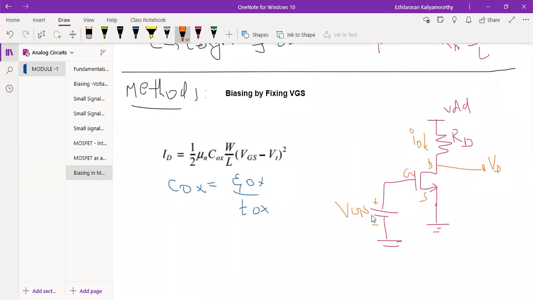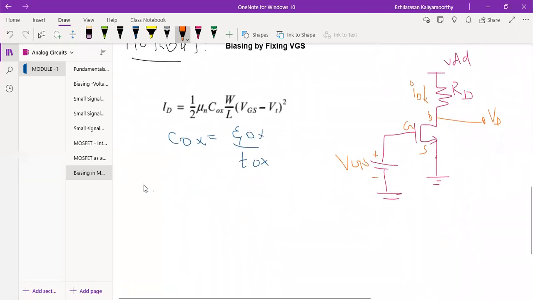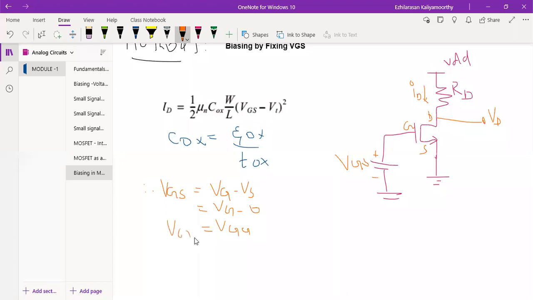Now from this I can say the VGS is nothing but the potential drop, the voltage across the gate terminal minus source terminal. Now we can see gate voltage minus S, which is connected to ground, so that will be 0. So it is nothing but VG. This can be written as VGG. So I can say VGS is equal to VGG.